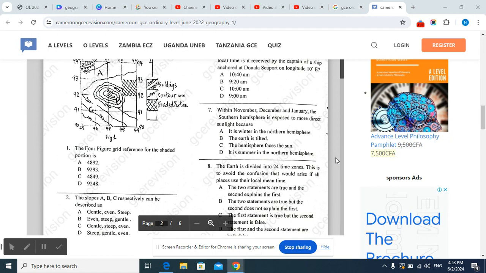This is to avoid the confusion that would arise if all places use their local mean time. The answer is A.